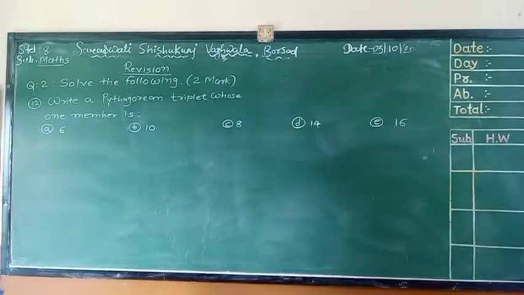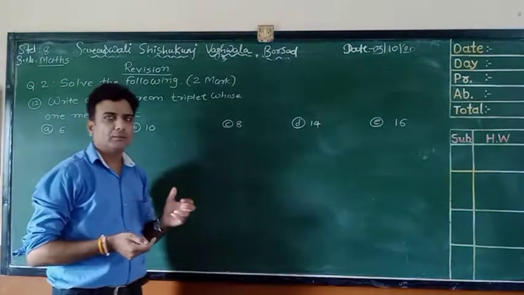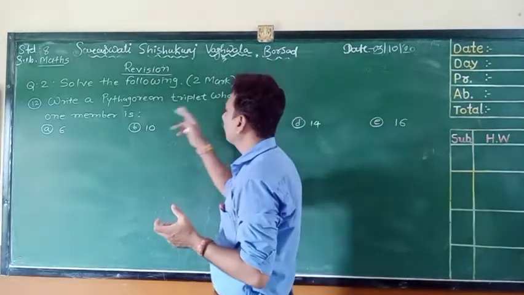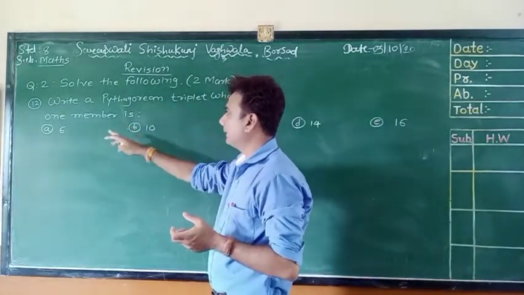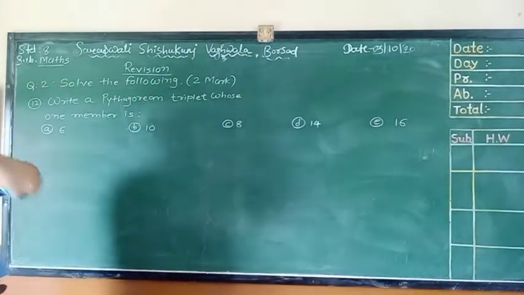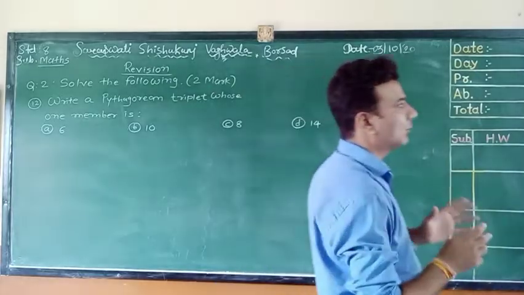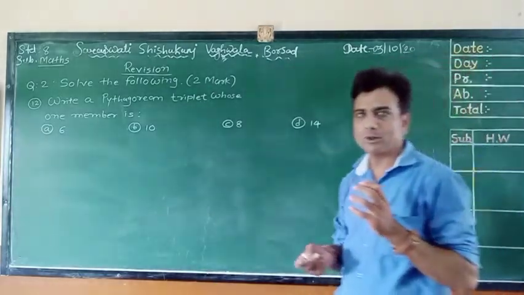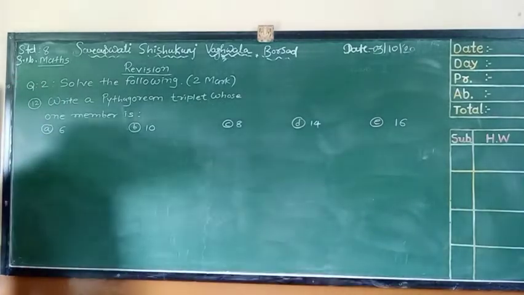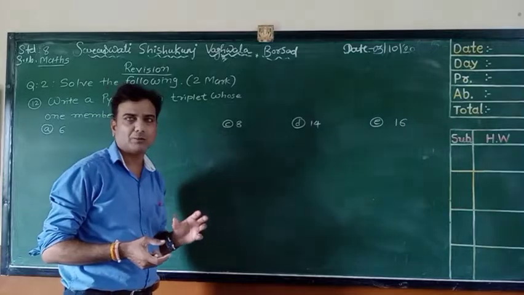Now in sum number 12, this is a very important sum. Write a Pythagoras triplet whose one member is 6. Students, we know where we can use a Pythagoras triplet. Already we know we can use a Pythagoras triplet in a right triangle. If there is a proper right triangle, then we can use the Pythagoras triplet.